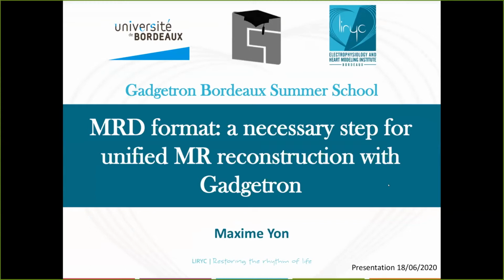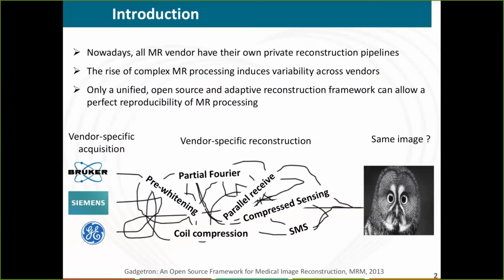So today we'll speak about the MRD format, which is a necessary step for unified MR reconstruction with the Gadgetron. As you all know, nowadays all MR vendors have their own private reconstruction pipeline, depending on whether it's Bruker, Siemens or GE.